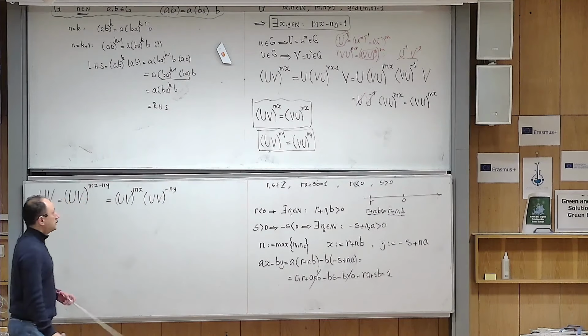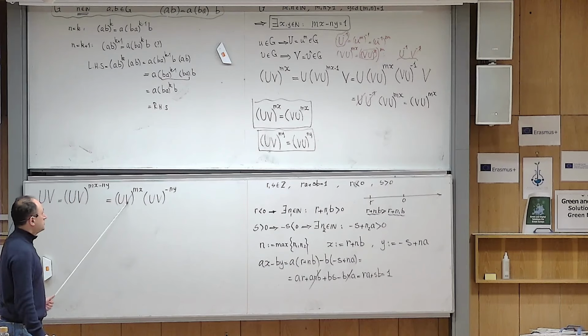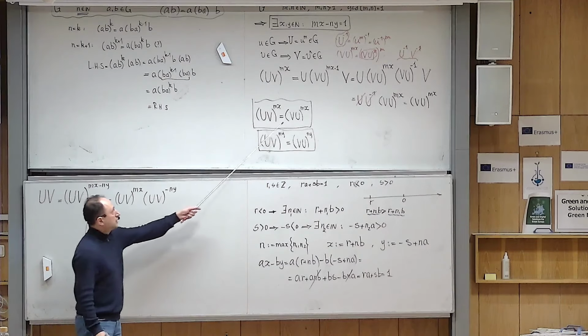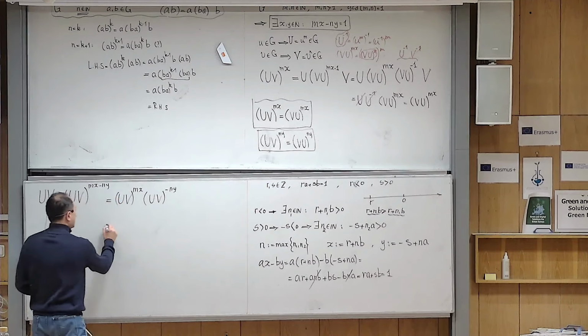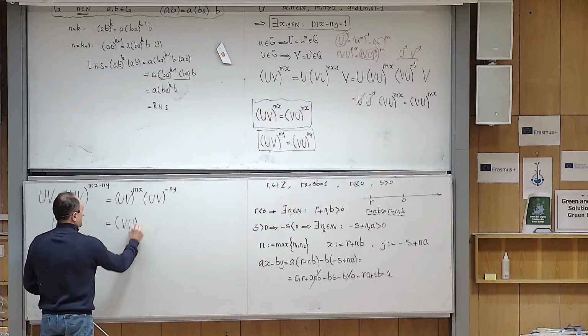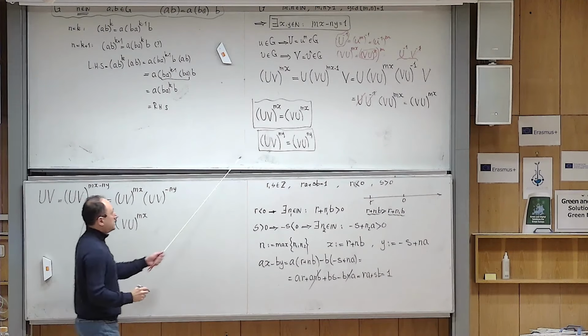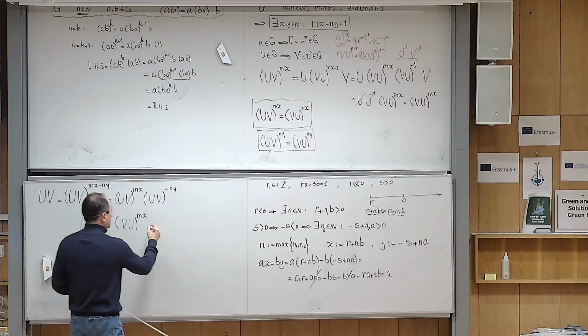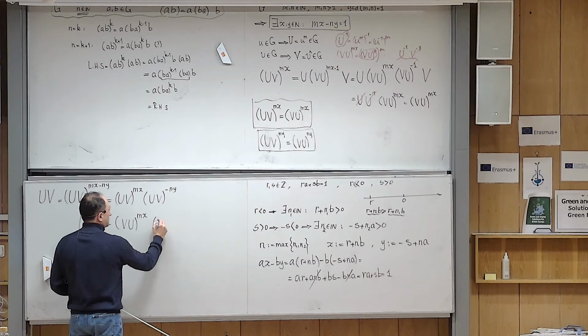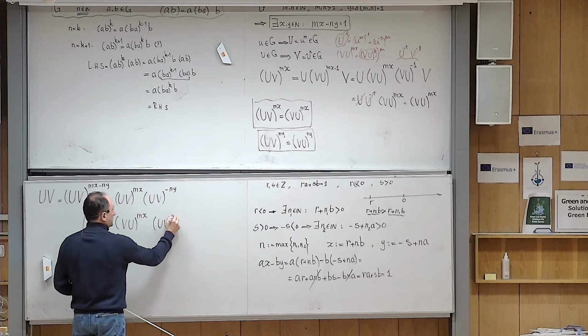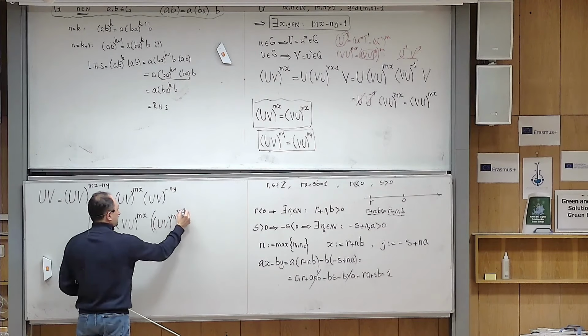Now it becomes very clear what to do, yes? Instead of (UV)^(mx), I can write (VU)^(mx). And instead of (UV)^(-ny), I can do it in two steps. I can write it as (UV)^(ny) and then to the power of minus 1.